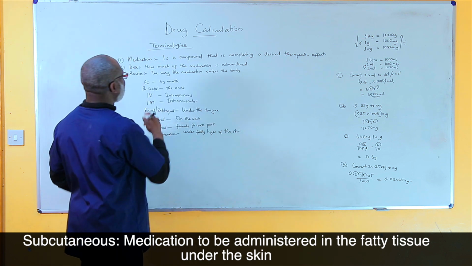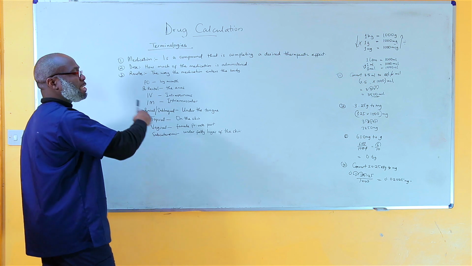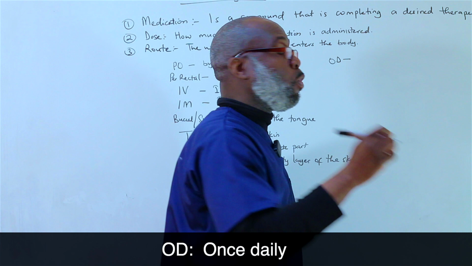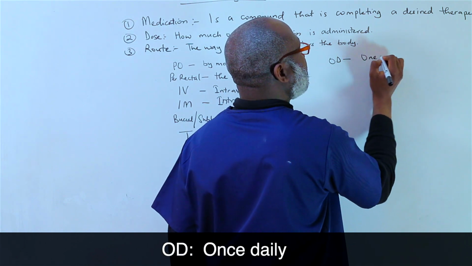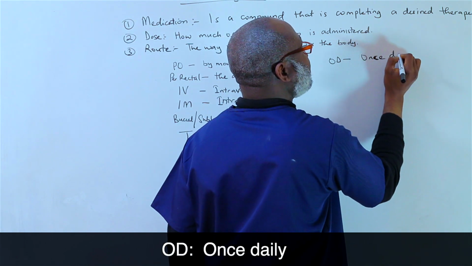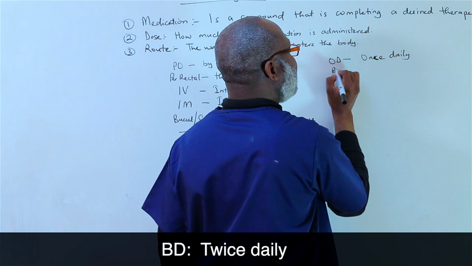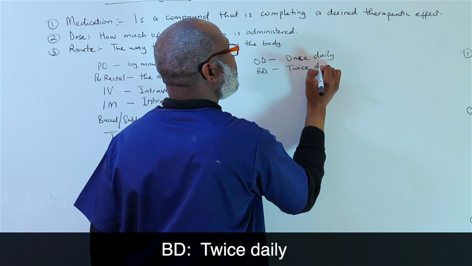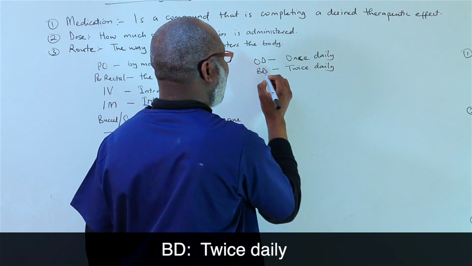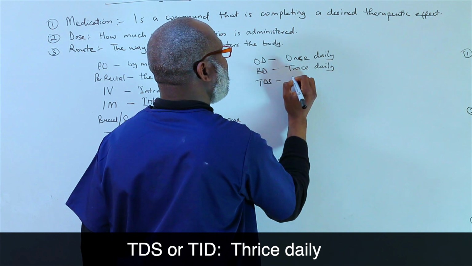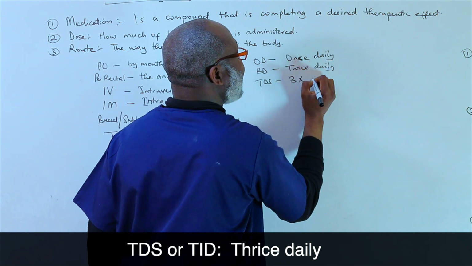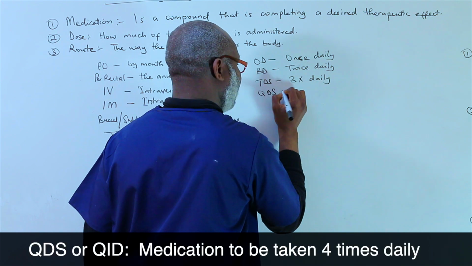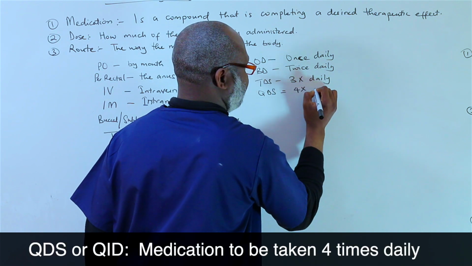There are some other terminologies, like when they say OD. OD means to take one daily, once daily. Then we have BD, that you take twice daily. We have TDS, 3 times daily, and QDS, that is 4 times daily.